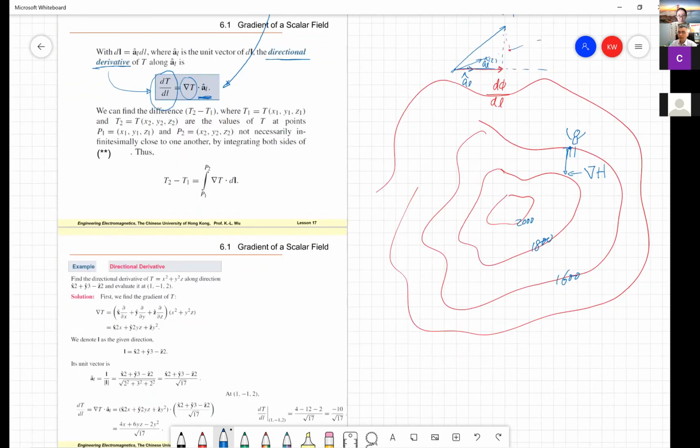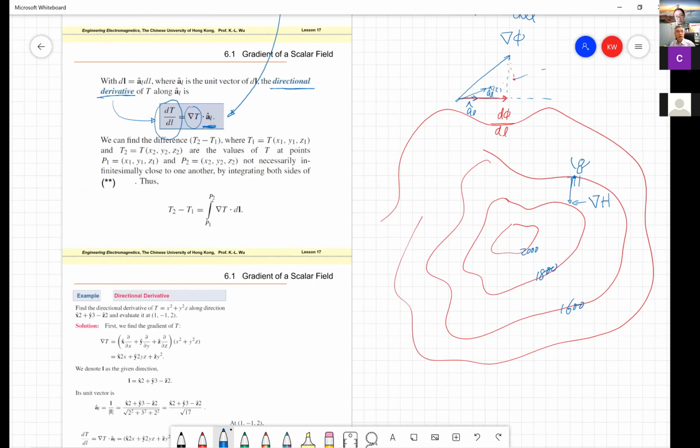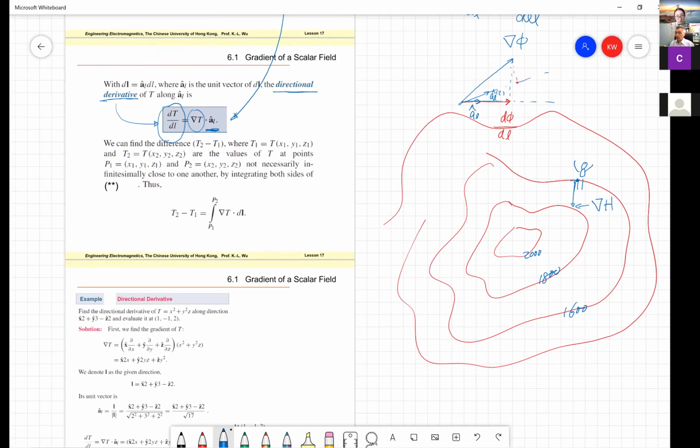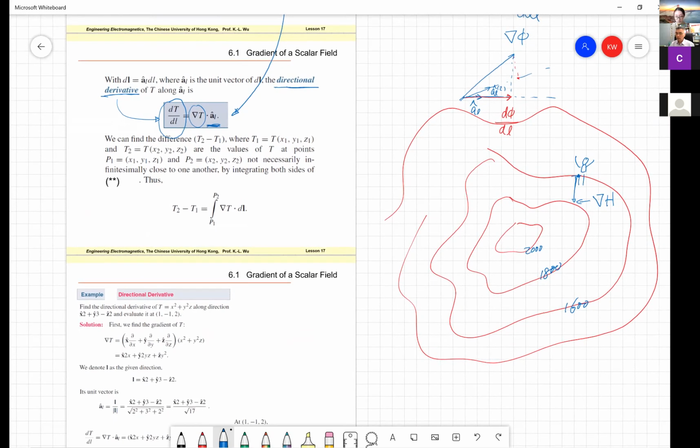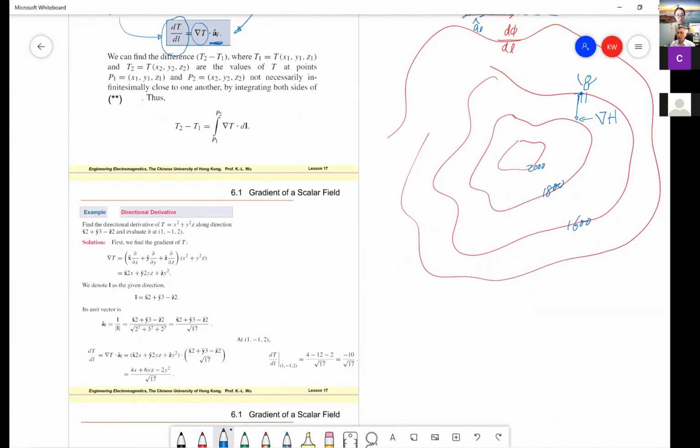All right, I went too slow. Now we have finished reviewing what the gradient is. Now we have all the tools. This example is just for self-study.